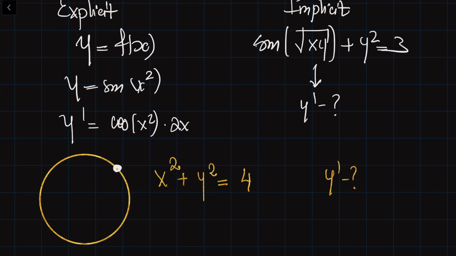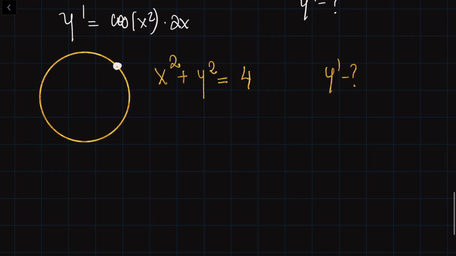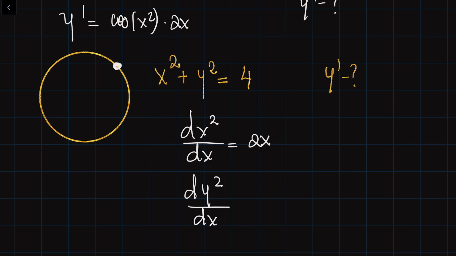Okay, so in this case, I'm going to take the derivative and find y prime, and this is going to be super easy. Okay, so let's do this together. Do you know what the derivative of x squared with respect to x is? Yes? 2x, okay. What is the derivative of y squared with respect to x?